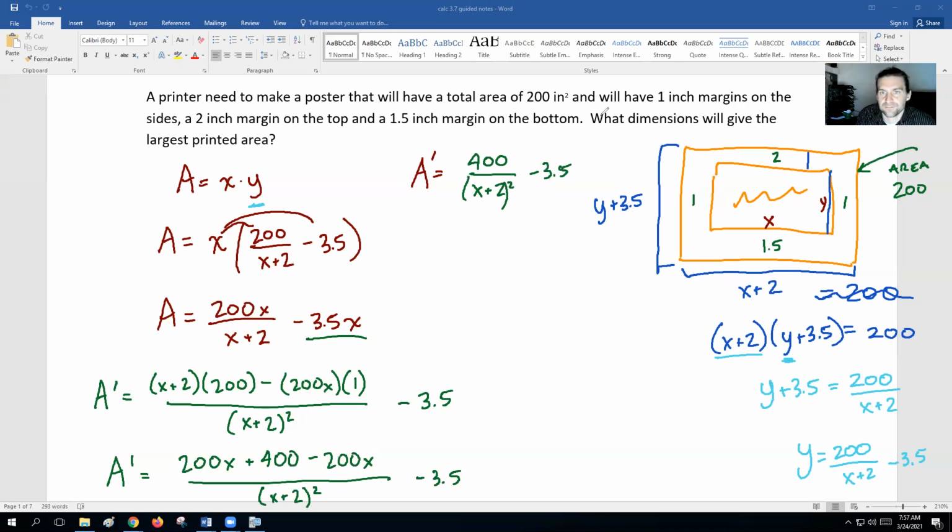What we need to do now is set the derivative equal to 0, because that's where we find any critical points, any mins or maxes. So we move that 3.5 over to the other side and figure out, when does 400 over x plus 2 squared equal 3.5?